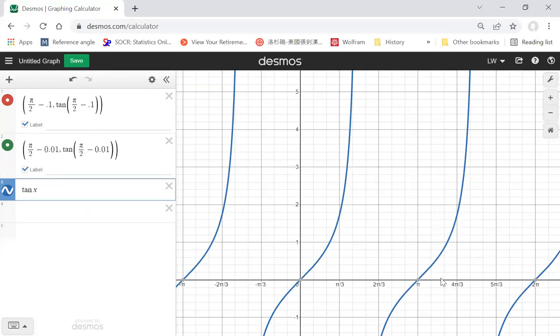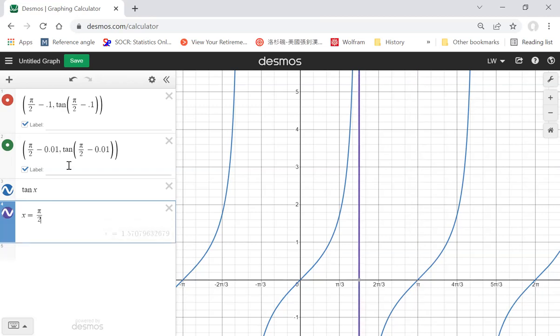Okay, so pi over 2. Where's pi over 2? Right? So I'm going to draw pi over 2. You see the purple line? So what did we just plot?